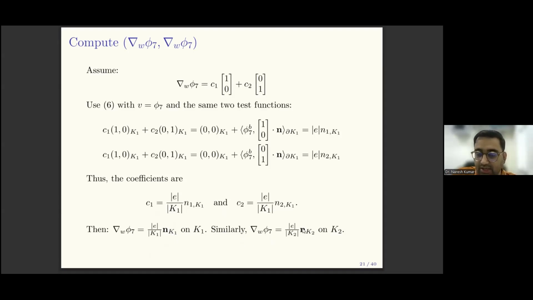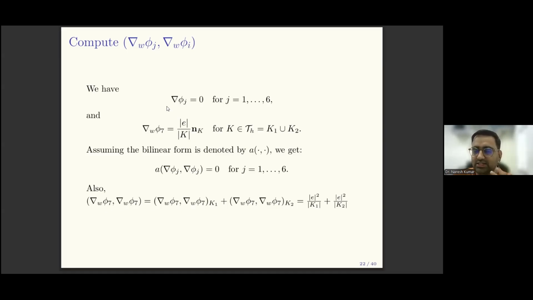And on K1 and on K2, just change; the constants are the same, like the length of the edge and the area of K2 times the unit normal on K2. So this is the gradient of phi 7. But we are computing the gradient of phi 7 times the gradient of phi 7. Then what is the result?